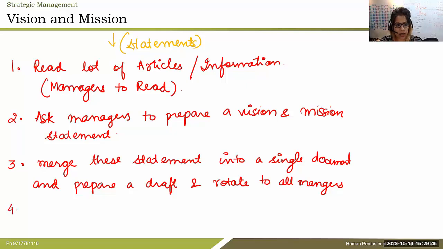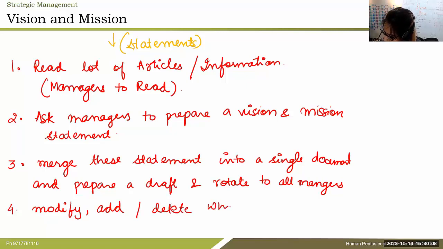Now, once that particular draft, which is the merging of all the statements provided by different managers, is ready, with that draft, the managers will have a discussion. In the discussion, they can modify, they can add, or they can delete what is needed and revise the document.